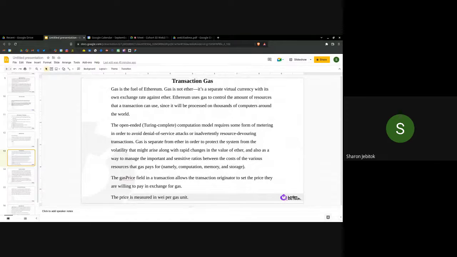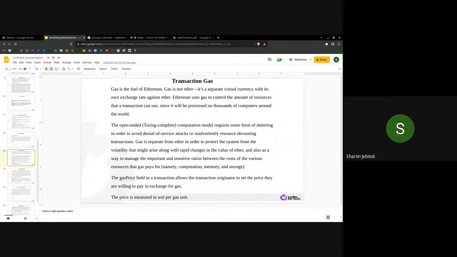So this is what they mean by volatility. They made it so that the gas is separate from ether, so that whenever the gas has been measured, that this transaction took a given amount of gas, that gas can be converted to its equivalent in form of ether or wei.